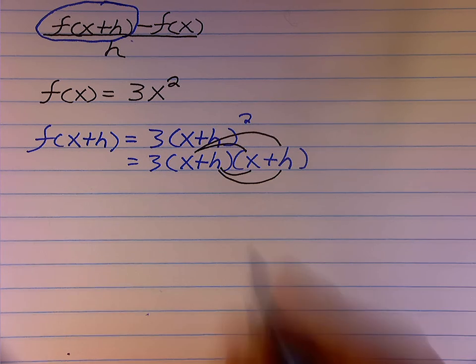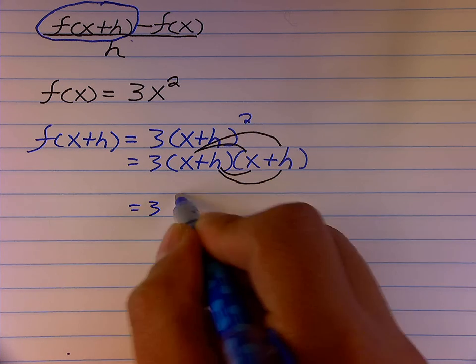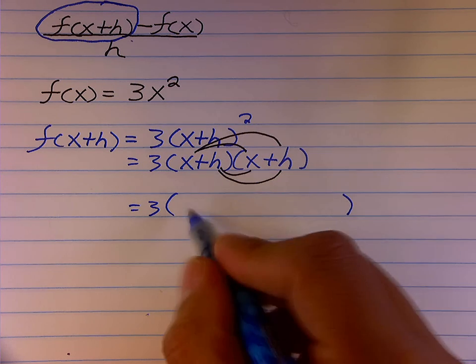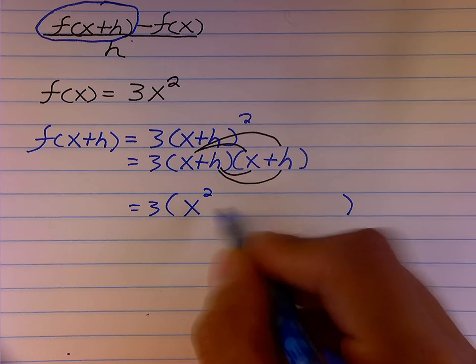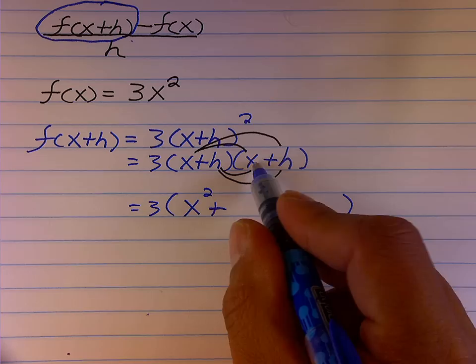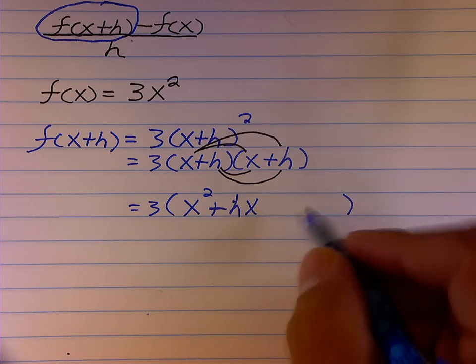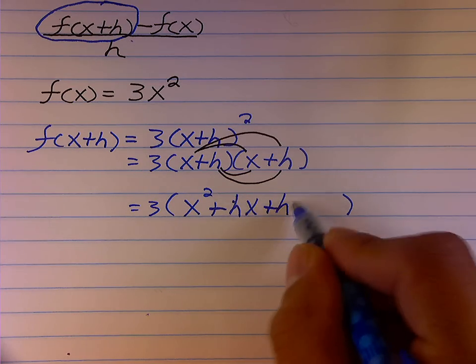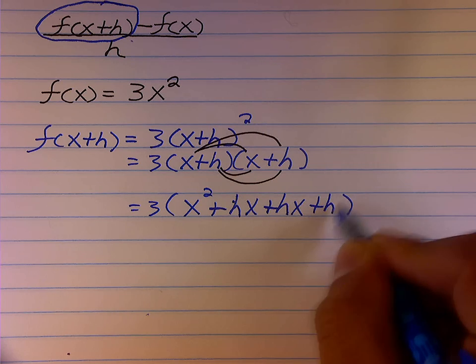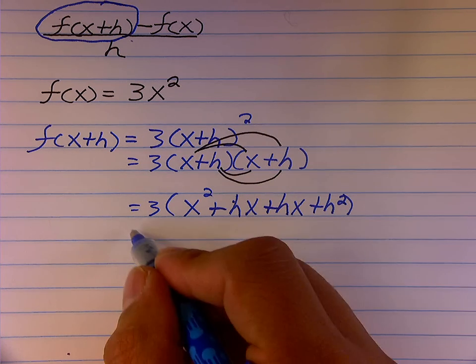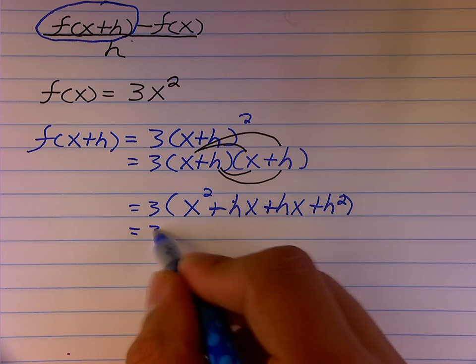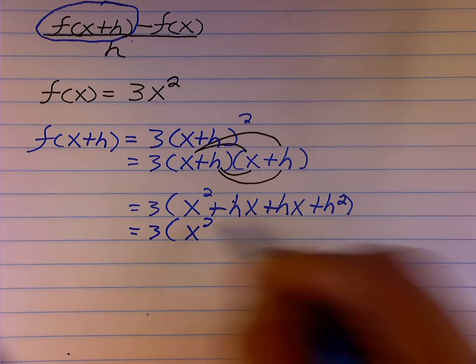I will now simplify this out using the distributive property, which you may refer to as the FOIL technique, doing first, outer, inner, last, giving me still the 3 times everything, and x times x, x squared, h times x in alphabetic order, and then again the h times x plus h squared. I'll now combine like terms.